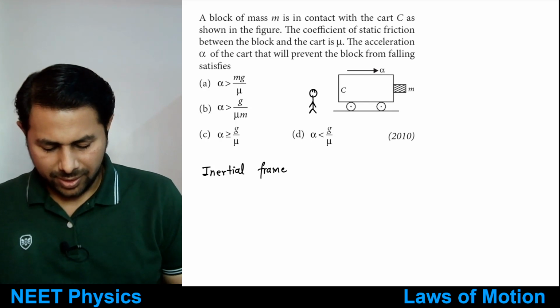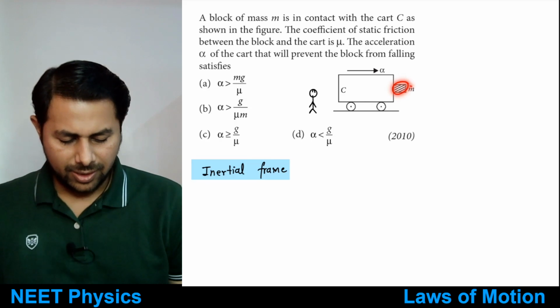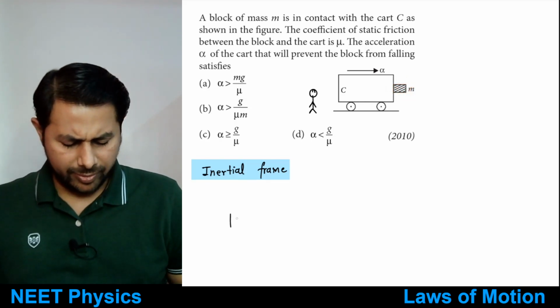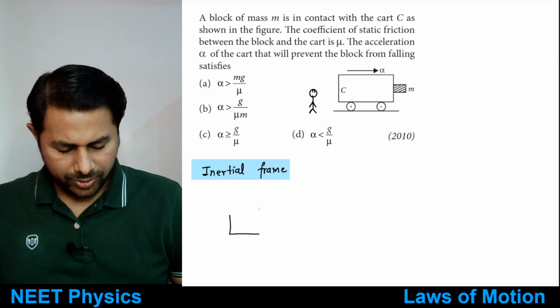So this person observes what's happening and draws the free body diagram of this mass m. What are the forces acting on this one?